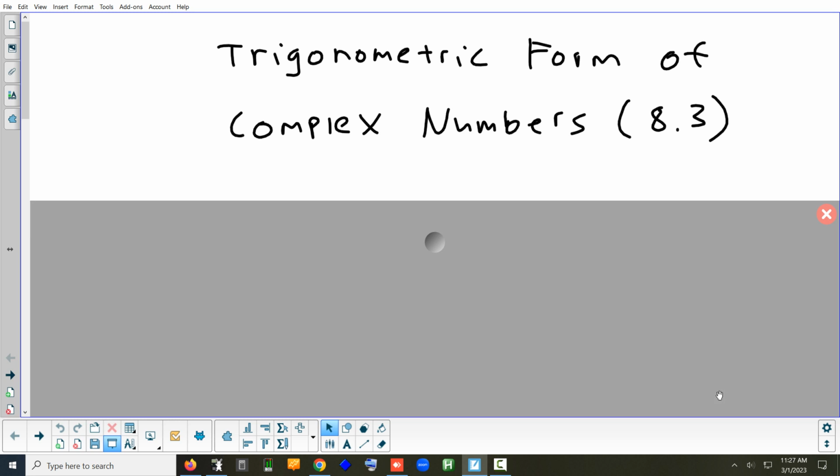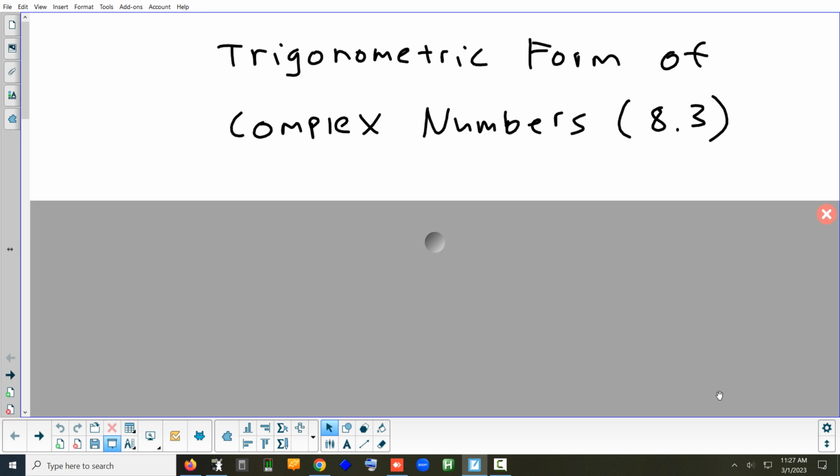So 8.1 and 8.2 were connected because they were both about solving triangles and finding the sides, finding the angles, or finding the area, like we just did. 8.3 and 8.4 are also connected, but they're completely separate from 8.1 and 8.2. So that was the first half of the week.